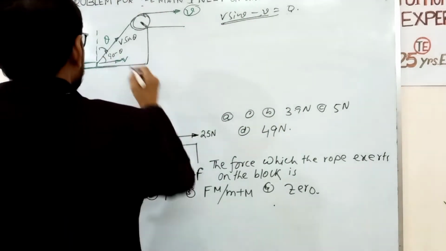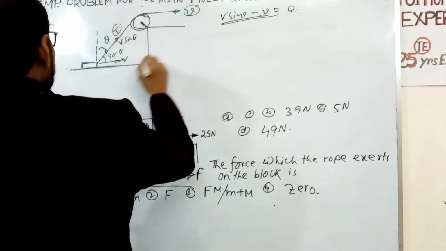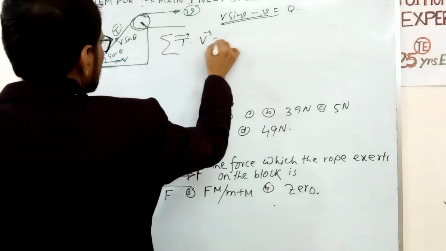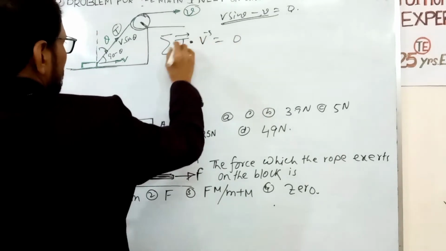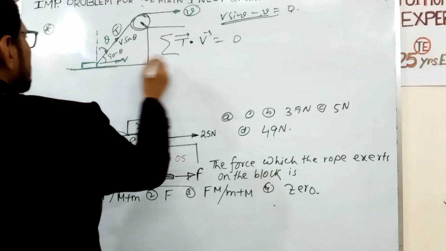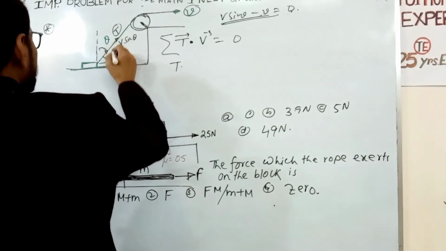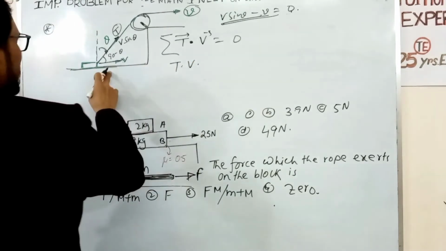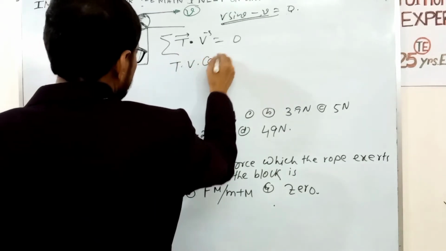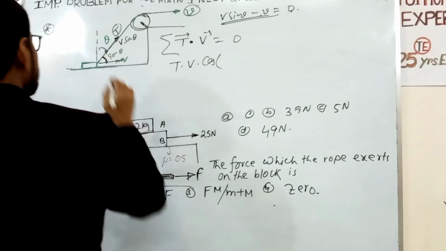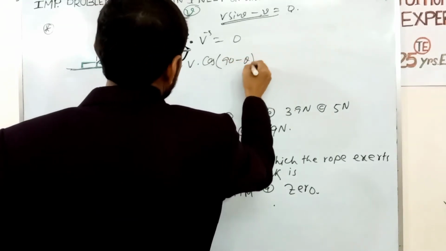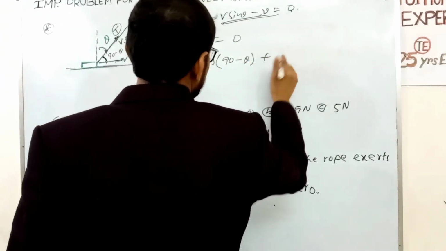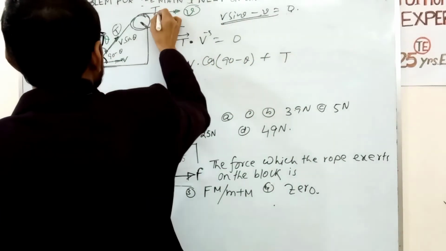If the tension is T along the string, then the summation of T dot v equals 0. T dot v means dot product. If the tension is T and velocity is v, then T into v into cos of theta, where theta is the angle between this and this, 90 minus theta, plus here tension is T. Tension along this direction is this.